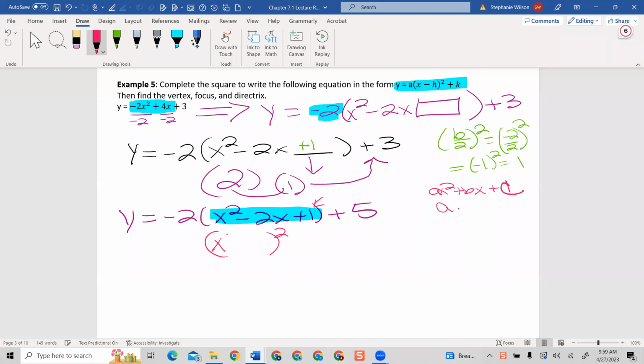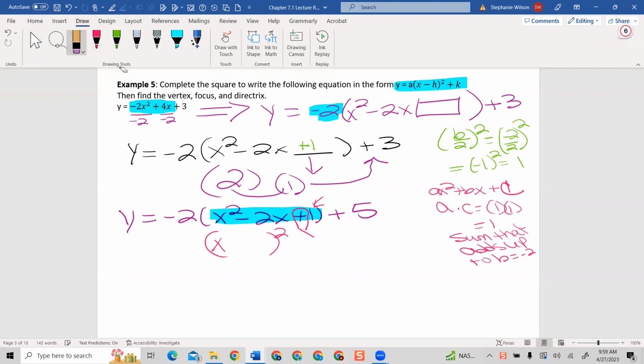We're going to take a times c. Well, in this case, a is 1, c is 1, gives me 1. And look at this, the sign here on c is add, so it's a sum that adds up to get my b, and my b here is -2.